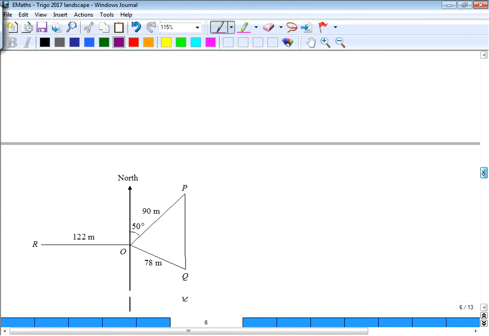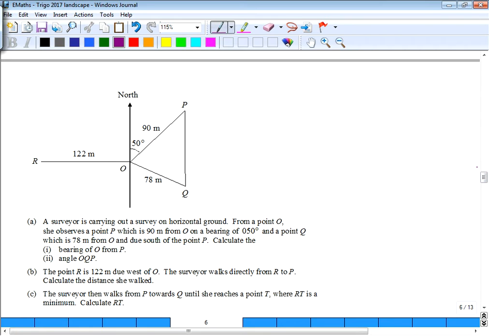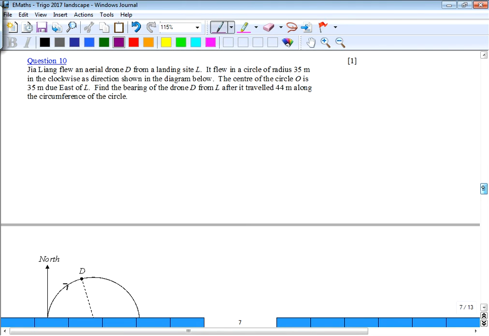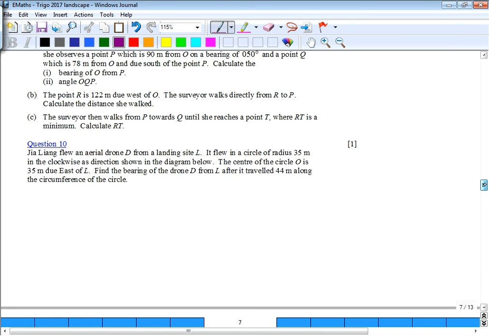Question 9. A. Nine B. Nine C. Question 9C.